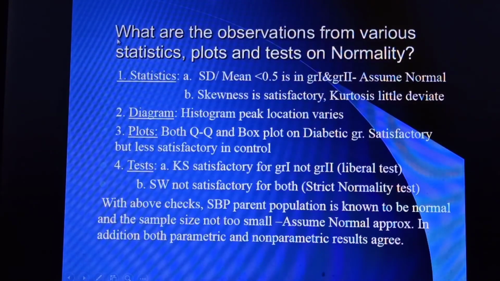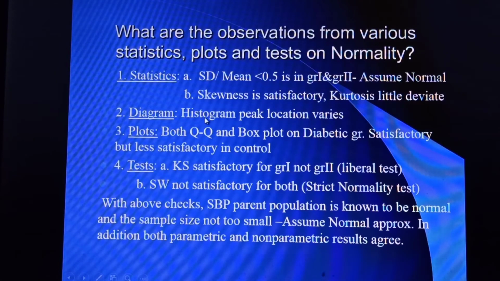Now, what are the observations from various statistics, plots and tests on normality on our sample hypothetical data? In the statistics, the mean and median are nearly equal, and we have assumed them to be normal. Skewness is satisfactory, but in the case of kurtosis, a little deviation is there.